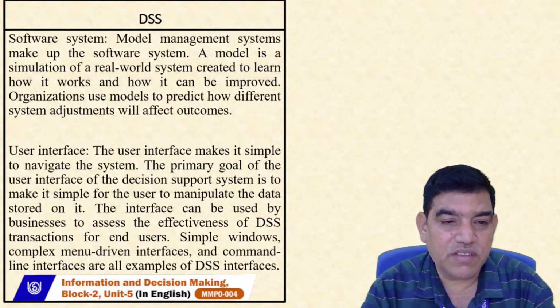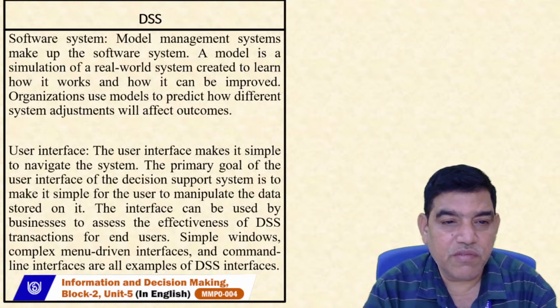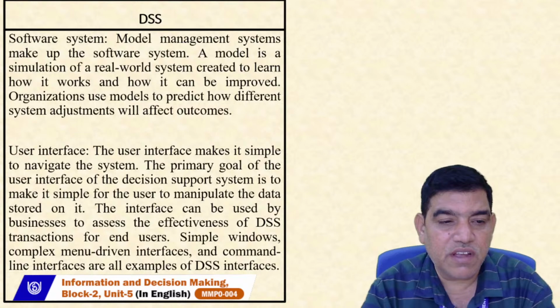Then user interface. The user interface makes it simple to navigate the system. The primary goal of the user interface of the decision support system is to make it simple for the user to manipulate the data stored on it. The interface can be used by businesses to assess the effectiveness of DSS transactions for the end users.